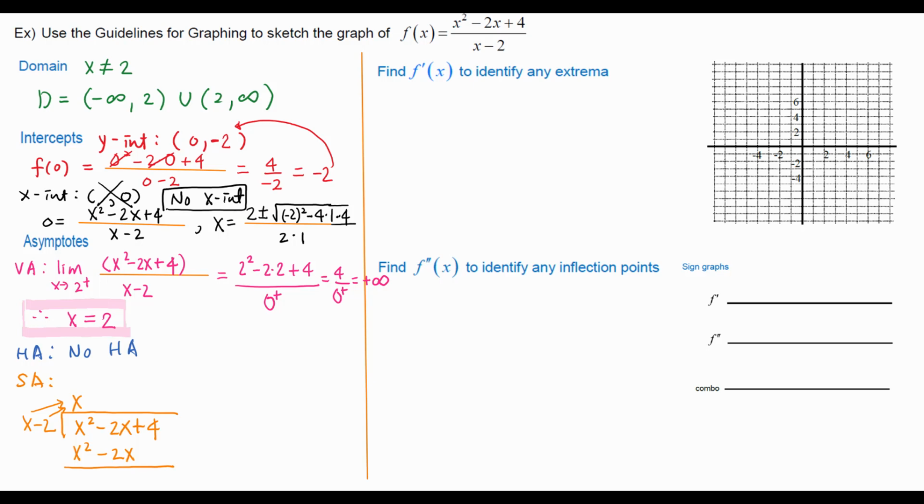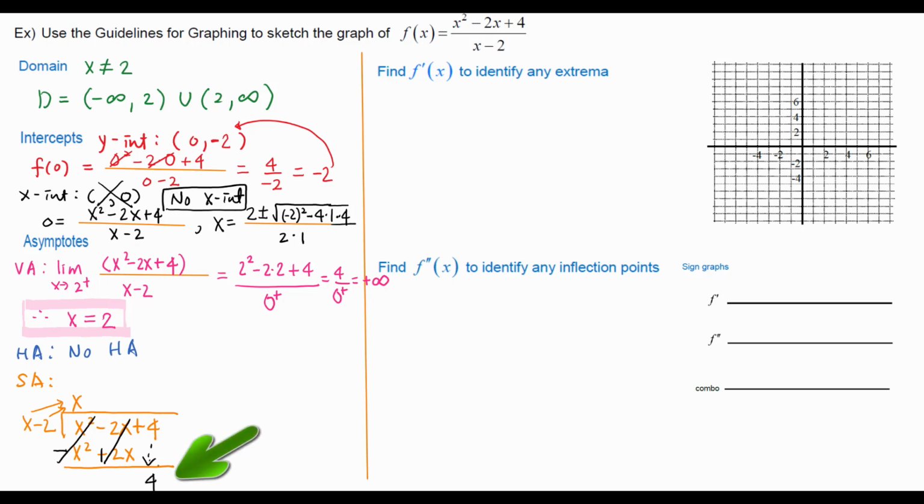I need to change the bottom polynomial to the opposite signs, so positive x squared becomes negative x squared, negative 2x becomes positive 2x. So x squared minus x squared is gone, negative 2x plus 2x is gone, and I get 4 as a remainder.